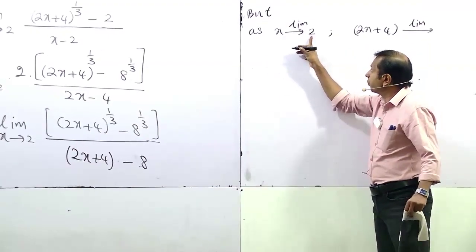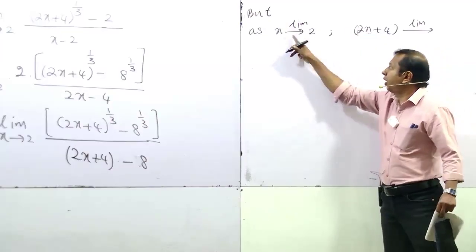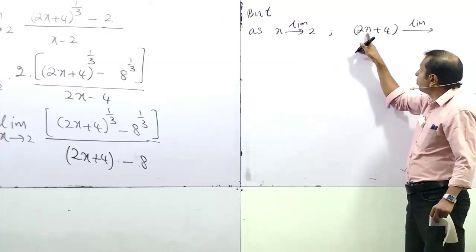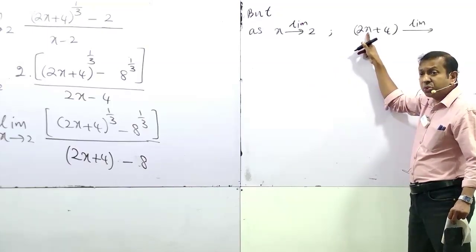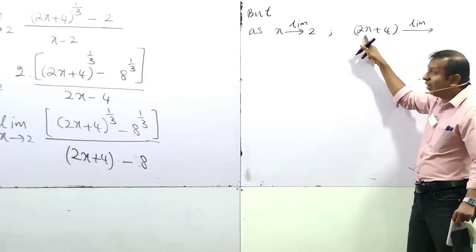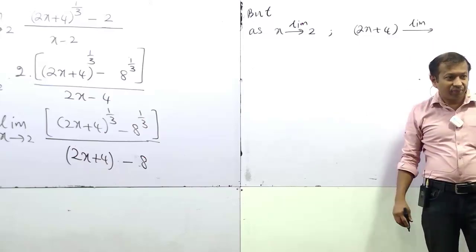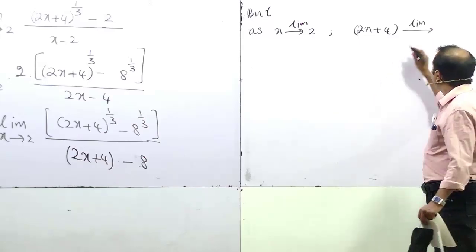X going to 2, this x only here we have. Once you put values for this x which are very close to 2, tell me what happened to this? 2x plus 4 going close to what? 8, no? Yes.